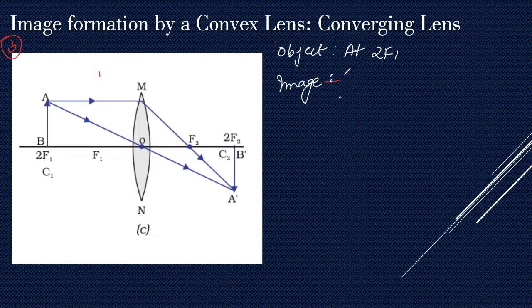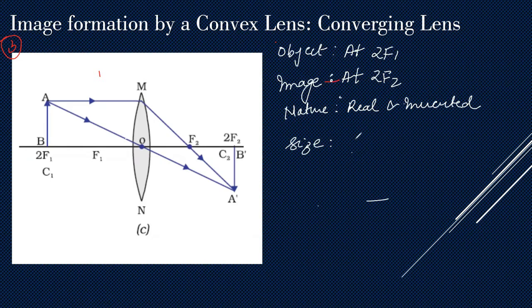Image is also at 2f2, right? This is AB, this is A dash B dash at 2f2. Nature, again, it is going to be real and inverted. Real and inverted. What about the size? Size will be same, right? Size will be same. So now I'll show you how to draw this.